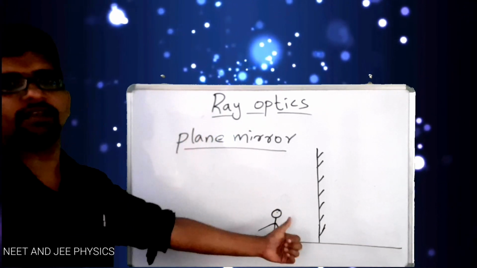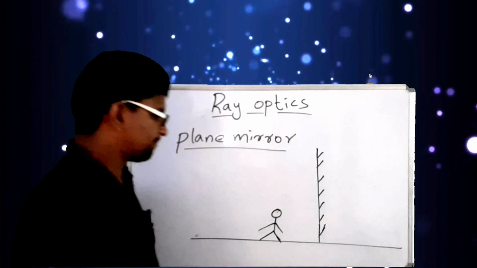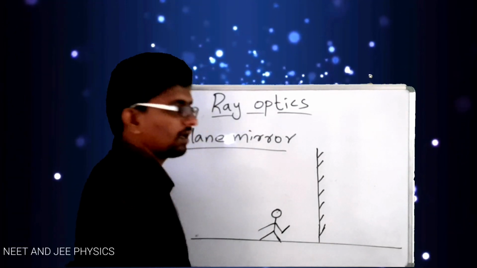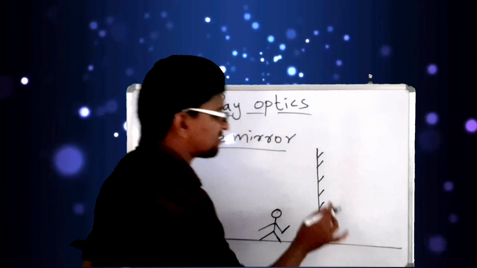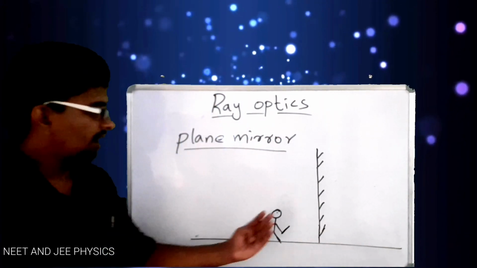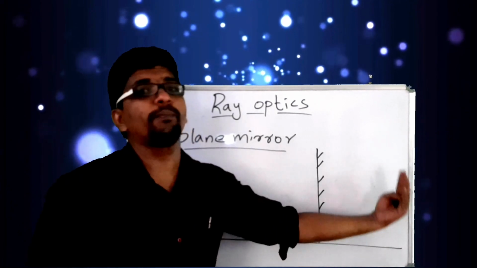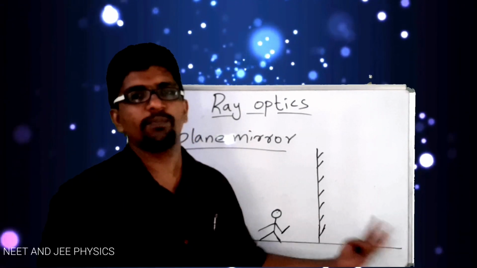An object is placed in front of the plane mirror, so you can see the image of this object. That image will form just behind the mirror only.